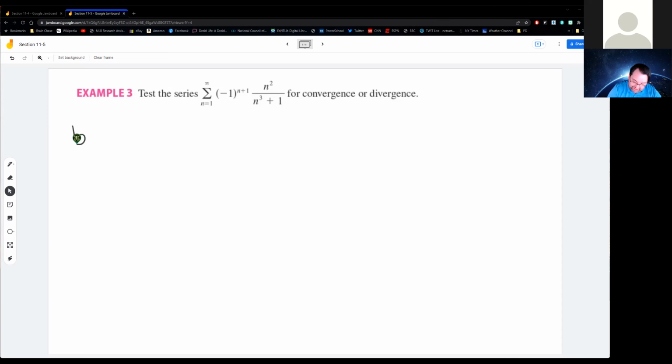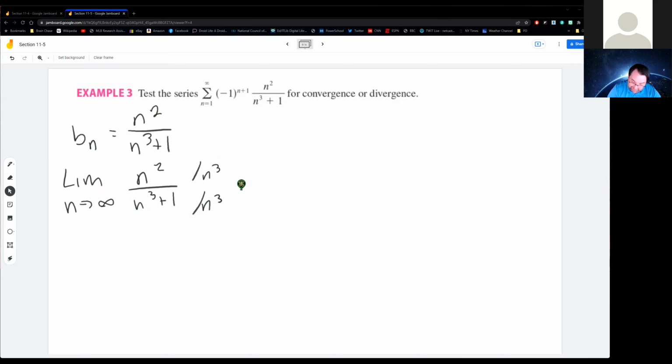I've got my Bn is n squared over n to the third plus 1. So let's look at my limit: n squared over n to the third plus 1. I'm going to divide everything by n to the third. So I've got 1 over n, and I've got 1 plus 1 over n to the third. So it's 0 over 1, which is 0.